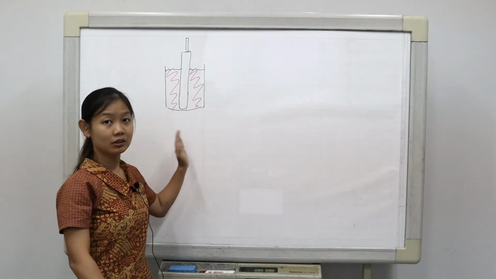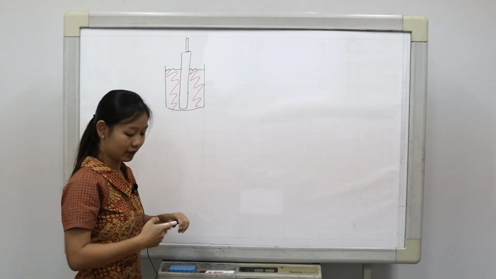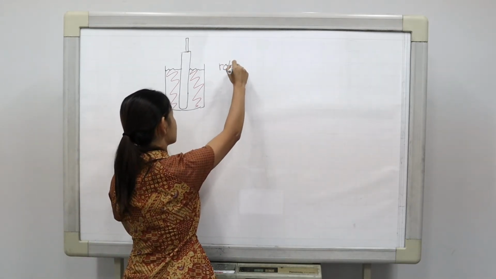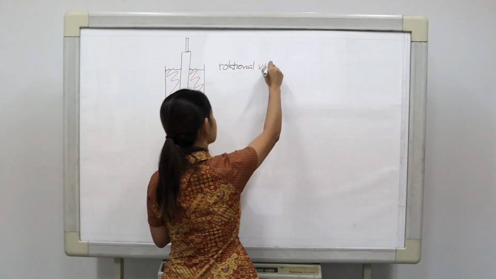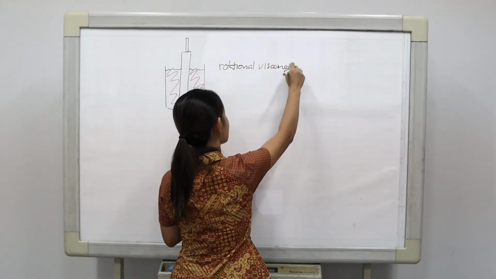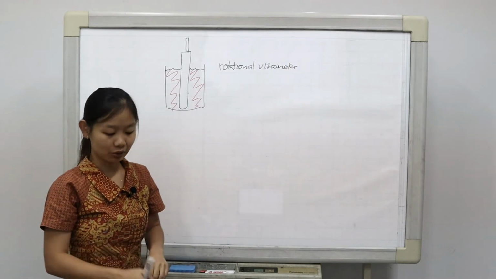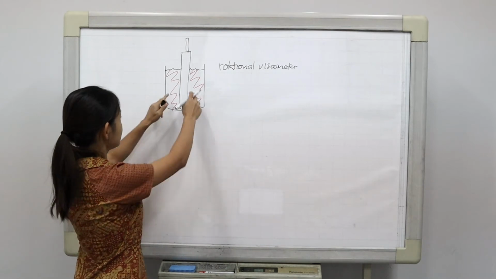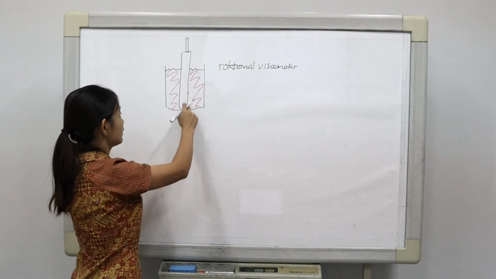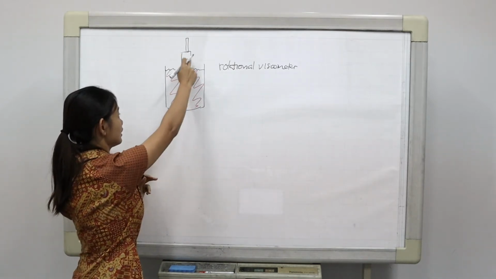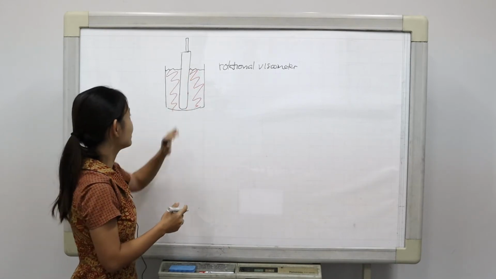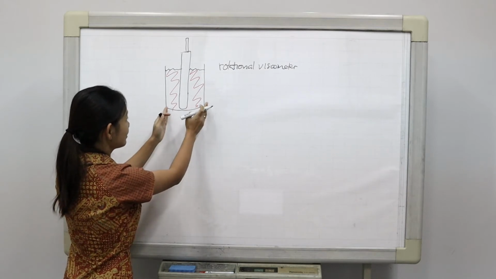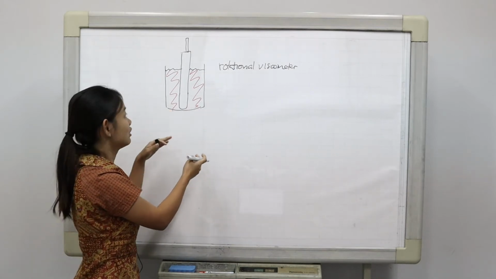So this is the fundamental concept of the viscometer. If you ever use a rotational force viscometer, such as Brookfield and so on, this is the fundamental concept. So we put fluid here in the tank, and we have a rigid smaller cylinder in the center, and then the big cylinder, the big tank, is rotating.